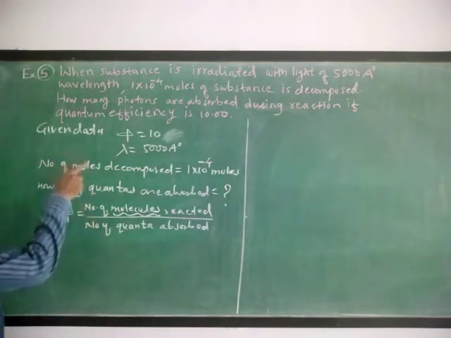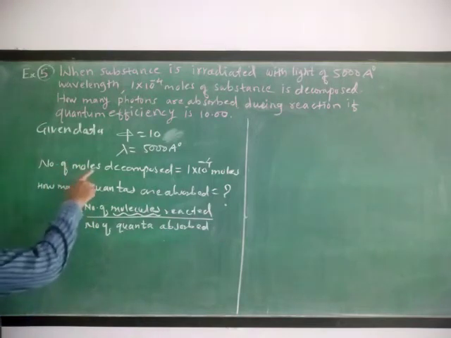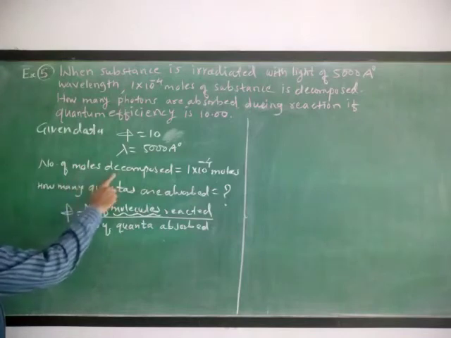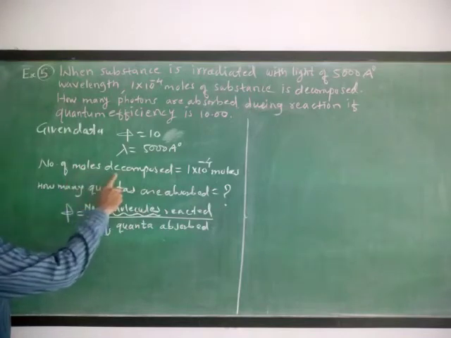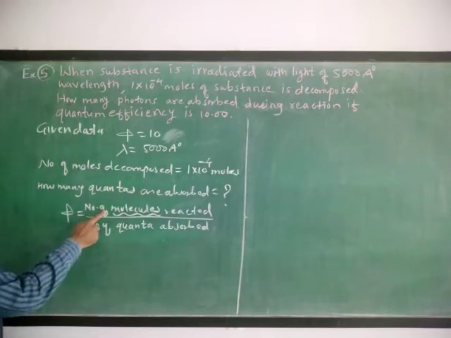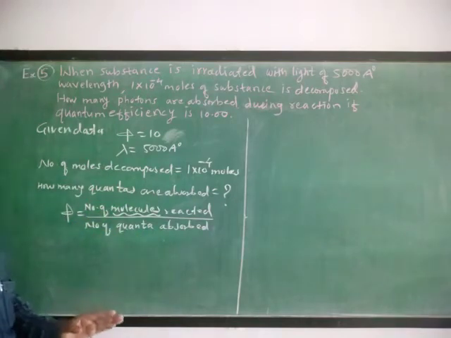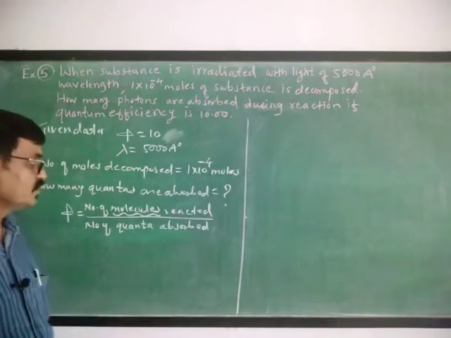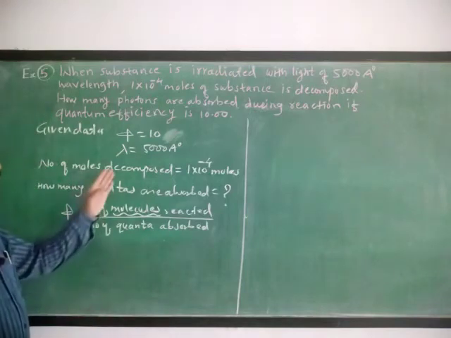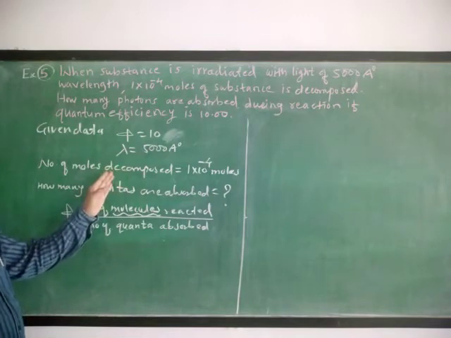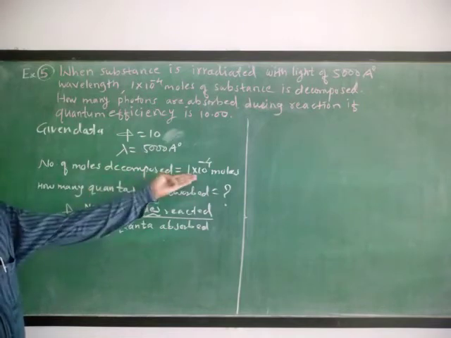Now, number of moles are given, and you have to transfer this number of moles decomposed or number of moles reacted into the number of molecules reacted. How can it be calculated? You know, 1 mole of any substance contains Avogadro's number of molecules. That's why how many moles, how many molecules of so many moles?